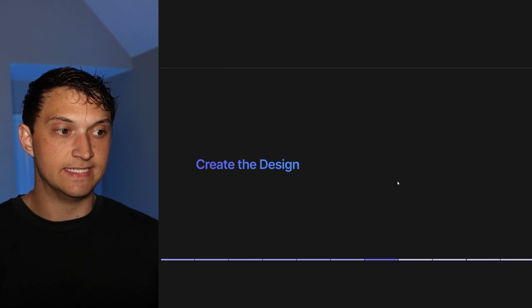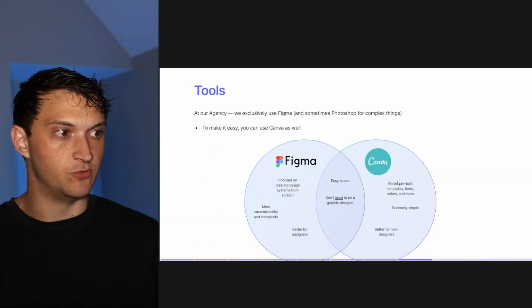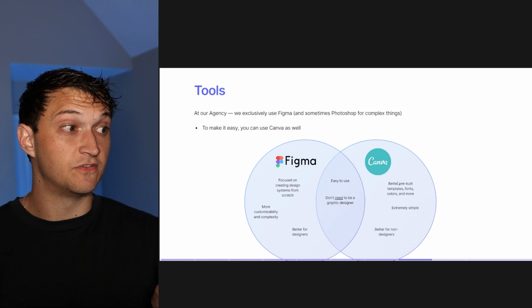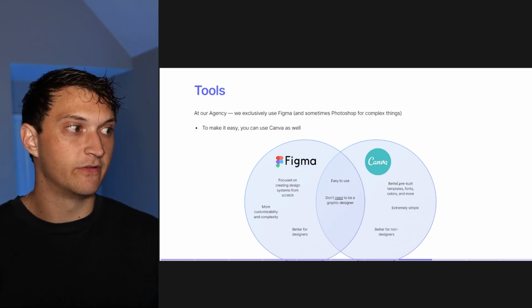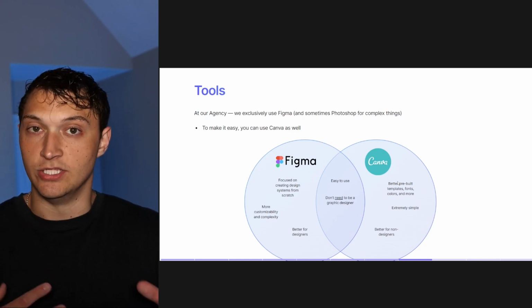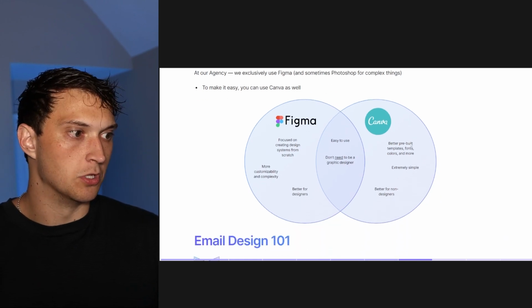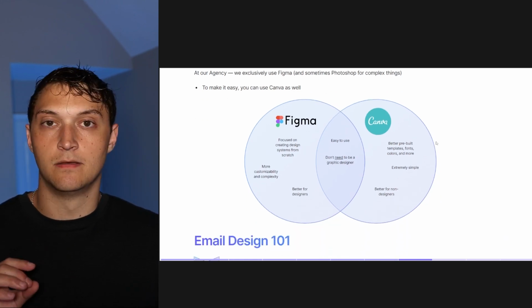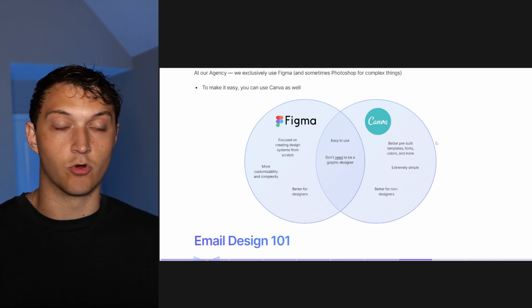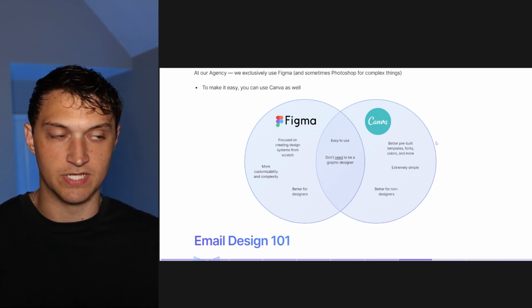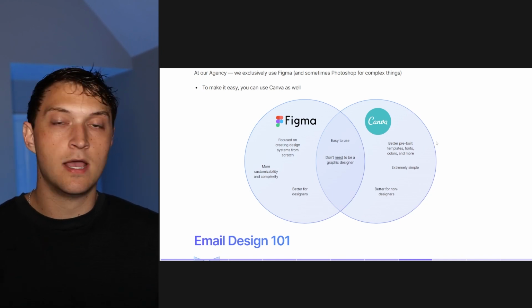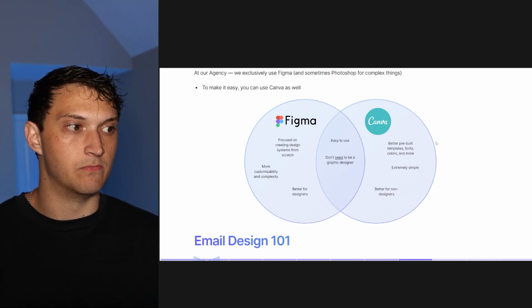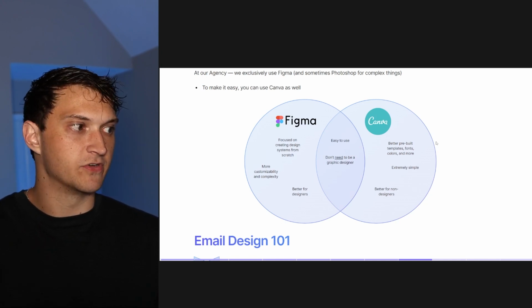All right, creating the design. So tools that you want to use, we exclusively use Figma and sometimes Photoshop for more complex things. However, you can use Canva as well. Totally cool. Generally, Figma is going to be more complex and more customizable, better for designers. It's just overall more advanced, more industrial grade versus Canva.